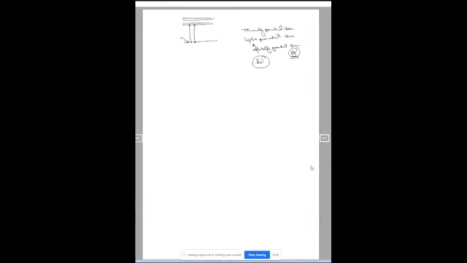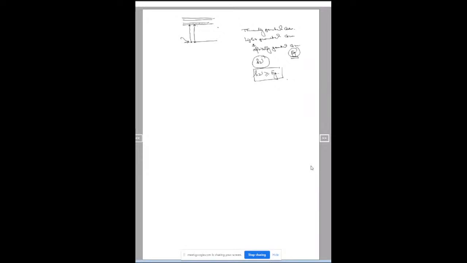Because there are allowed states above, and there is no allowed state in between, excepting the donor level which has been created, and there can be a transition between the donor level and the valence band also. I'm not coming into that, it will make it more complex. So let us assume that the electrons have no other place than to go to the bottom of the conduction band, the minimum energy needed. So we say that h nu should be greater than or equal to Eg of the material.